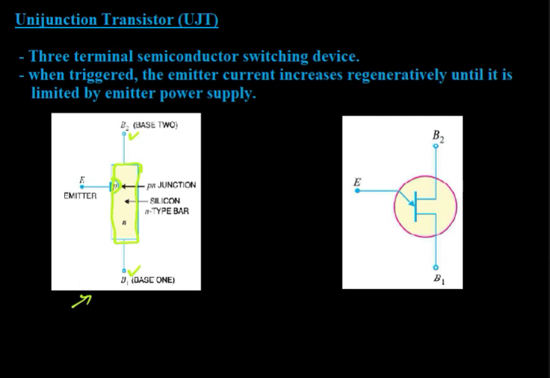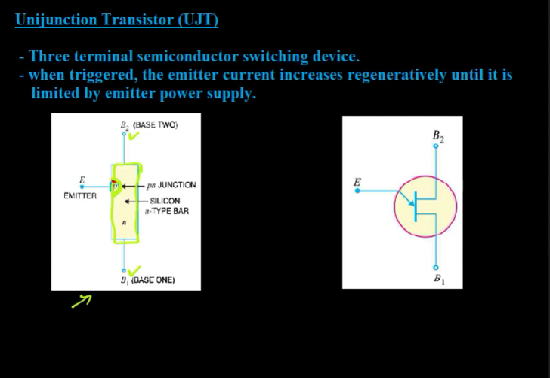So a UJT consists of an N-type semiconductor bar with two terminals on two ends, named base 1 and base 2, B1 and B2. And partway along this bar, nearer to B2 than B1, there is a P region which is called the emitter. In between this emitter and base region there forms a PN junction.